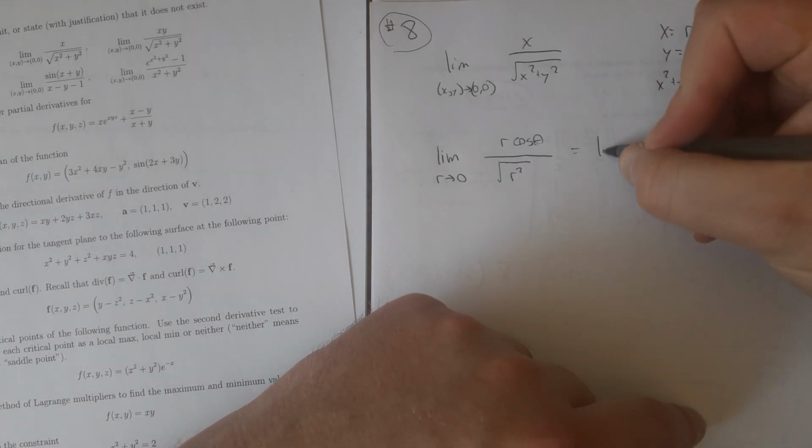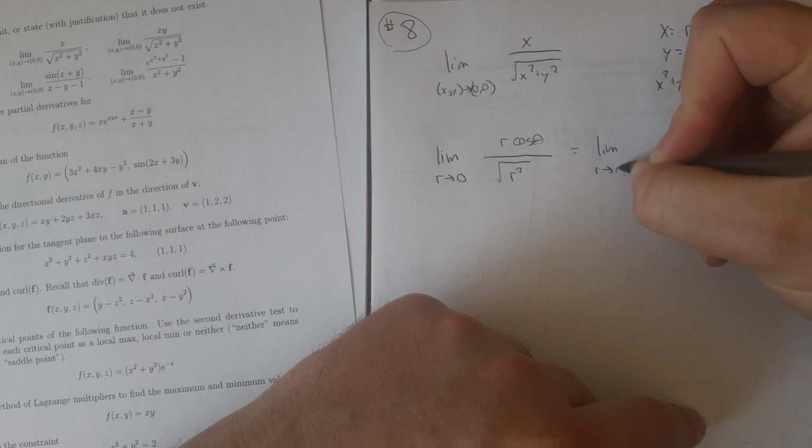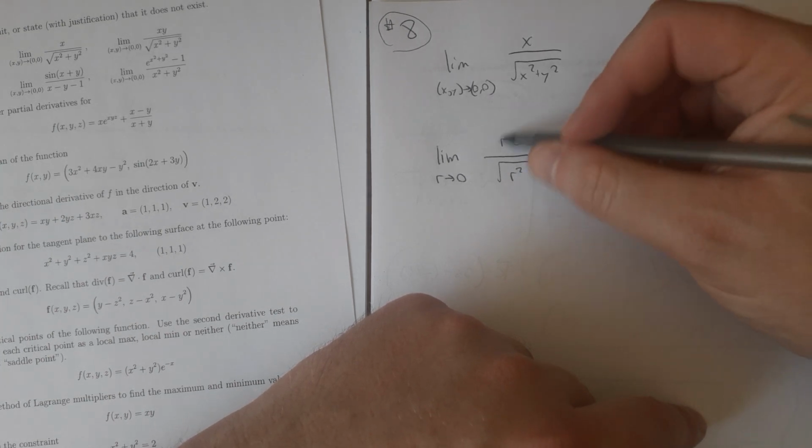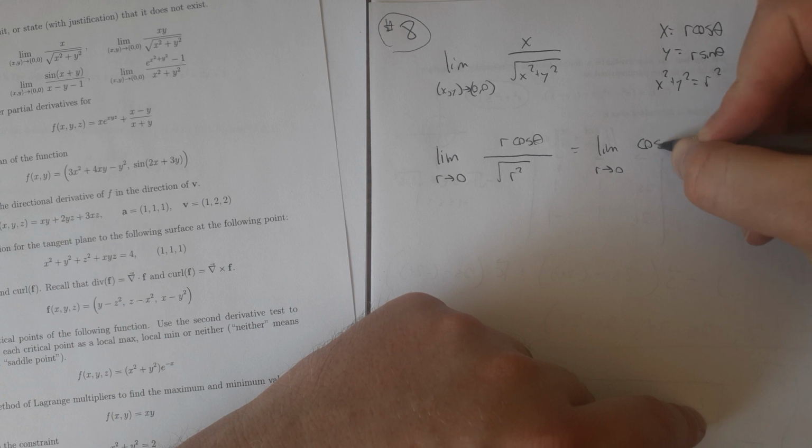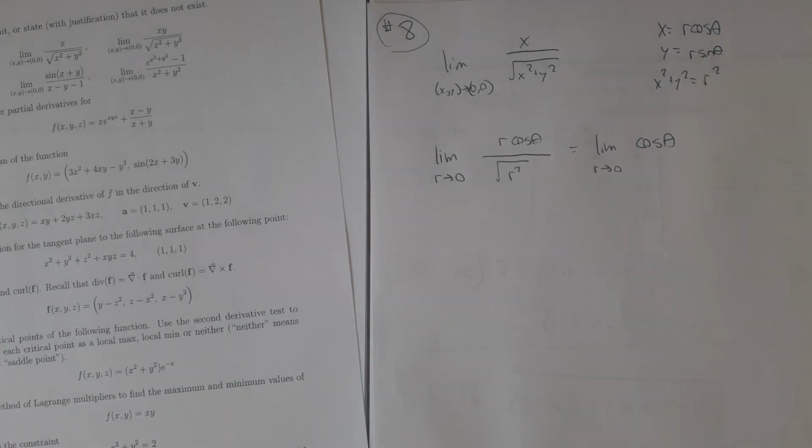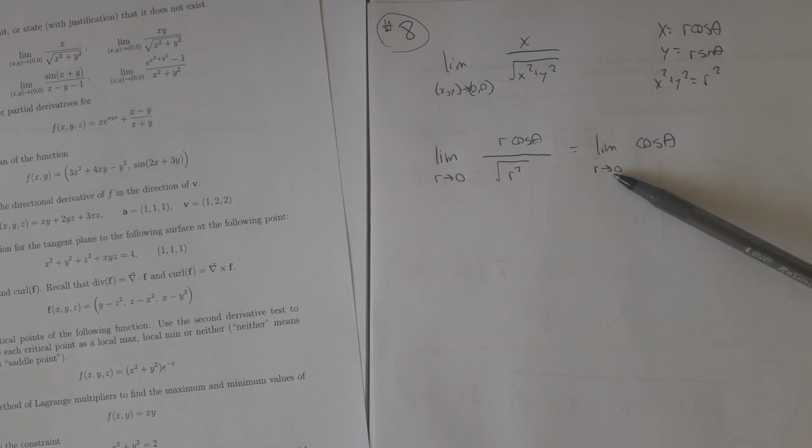Let me just simplify this. So this is an r, and that'll cancel that r, so I just get cosine theta. And this is right. So when we're in polar coordinates and there's actually two variables, r and theta, I just write the limit as r goes to 0, but what's happening with theta is a little bit like we have to hold this in our minds as we do this.